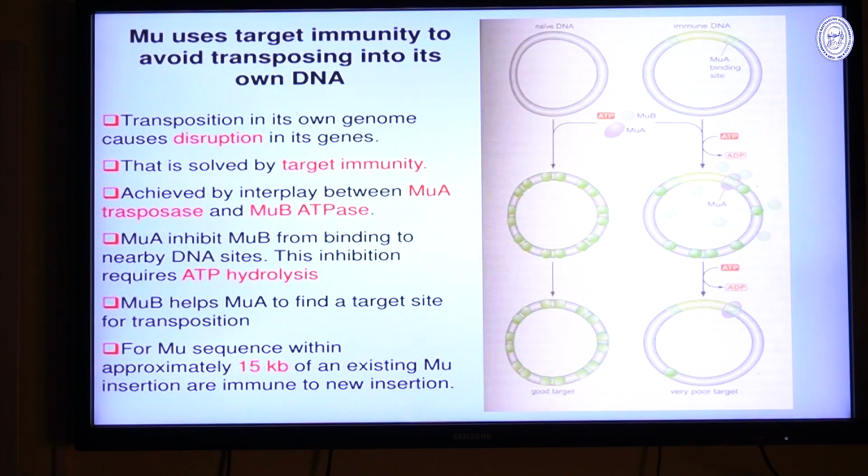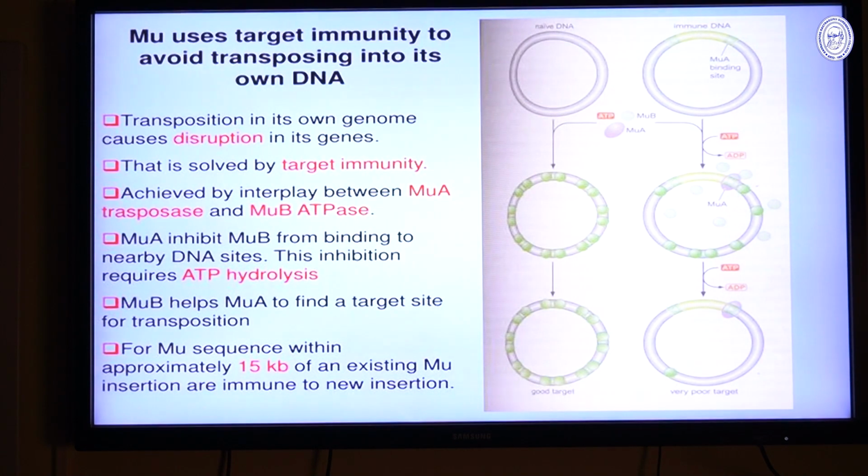Mu phage has a very important role: it is involved not only in transposition, but also in regulating itself. That means it has a mechanism with the help of which it can regulate its copy number. A transposon cannot keep on multiplying and changing its position continuously.